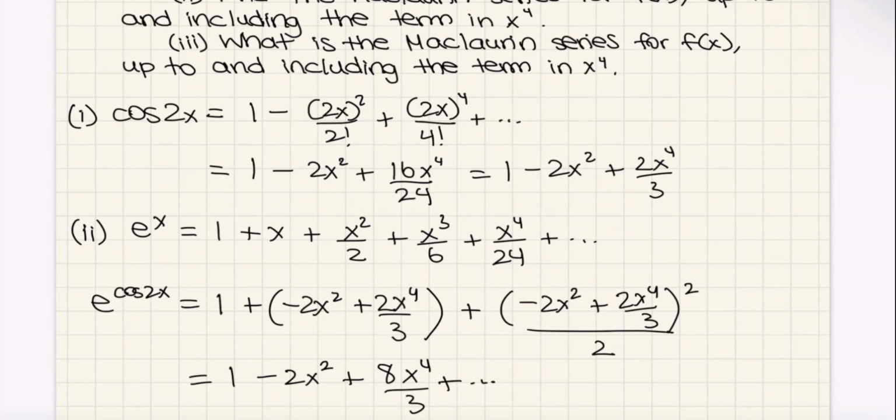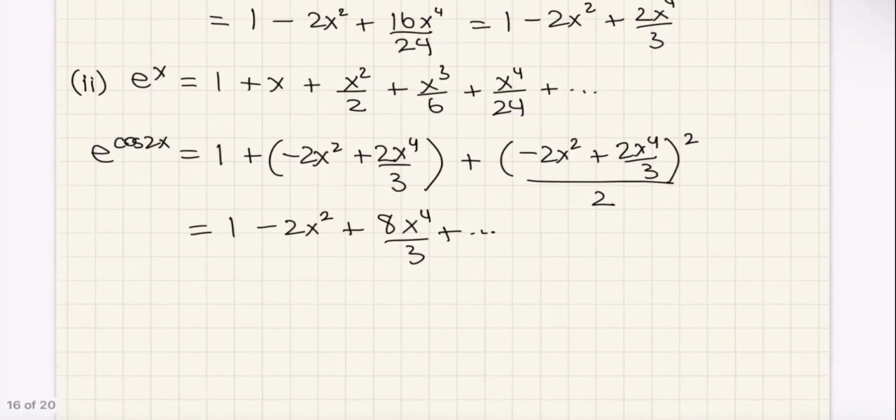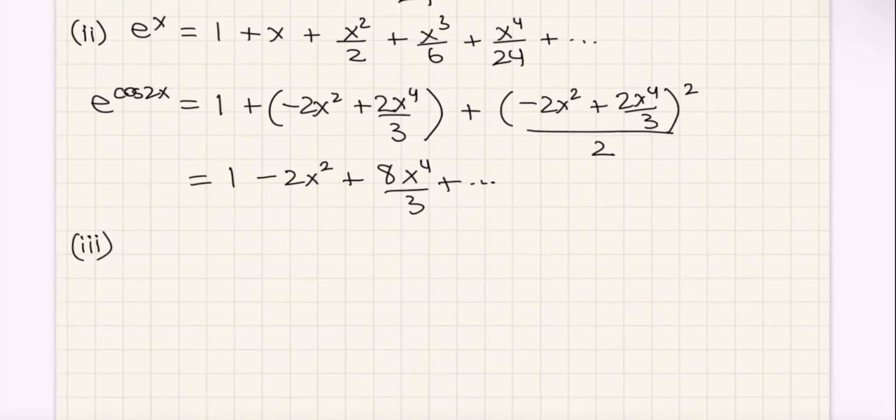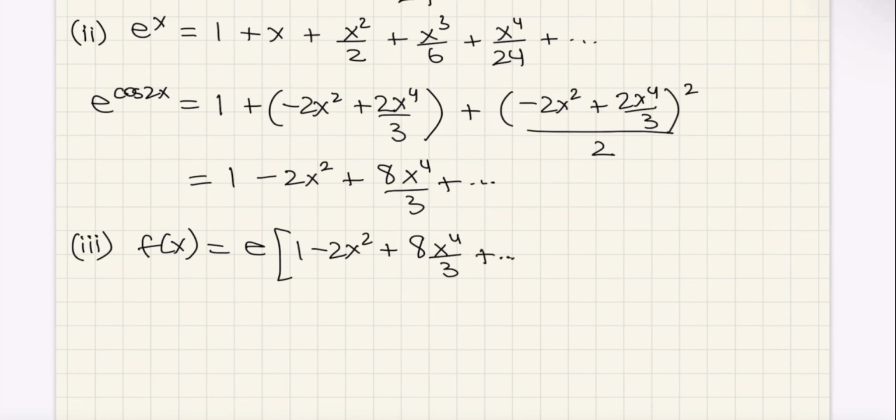Okay, part 3 says, what is the Maclaurin series for f of x up to and including the term in x to the power 4? And based on this, that is just going to be f of x equaling e times 1 minus 2x squared plus 8x to the power 4 over 3, and so on, right?